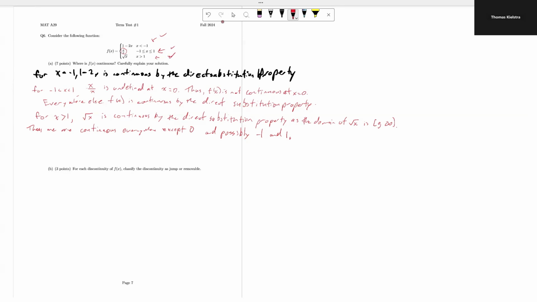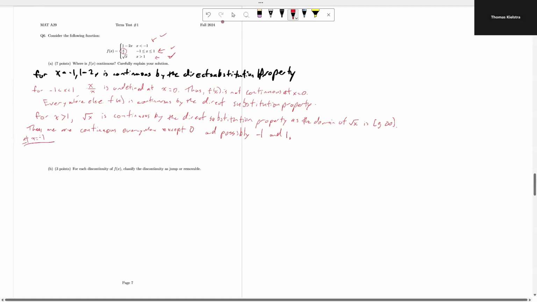But then at the boundary of the functions, we still need to check. We need to check at x equals minus 1 and at x equals 1. At x equals minus 1, the limit as x approaches minus 1 from the negative side of f of x equals the limit as x approaches minus 1 from the negative side of 1 minus 2x, which equals 1 minus 2 times minus 1, which equals 1 plus 2, which equals 3.